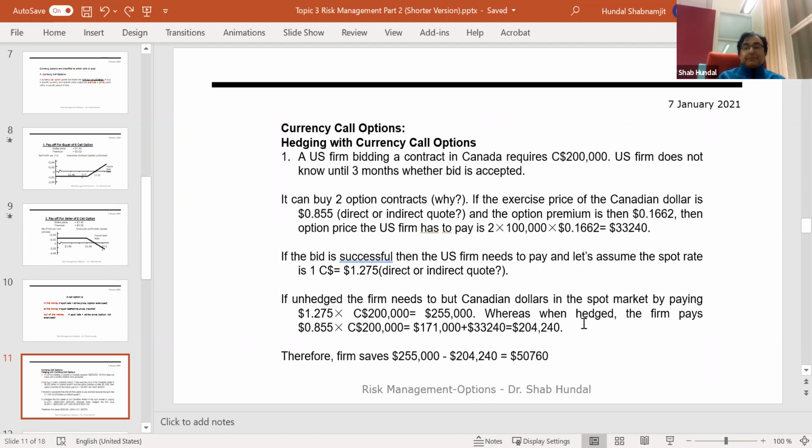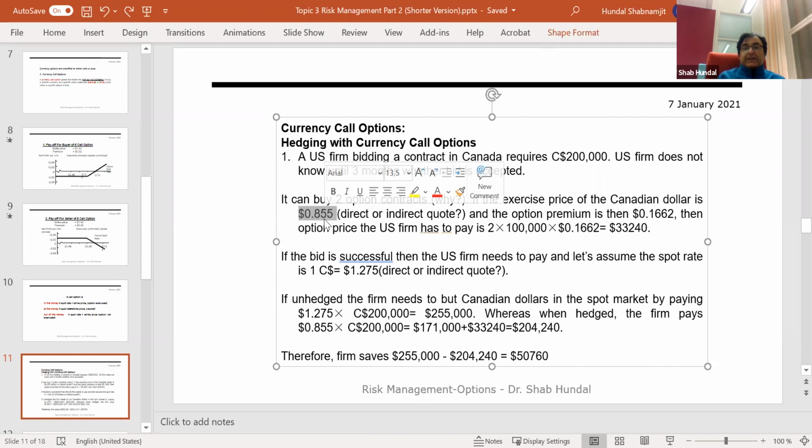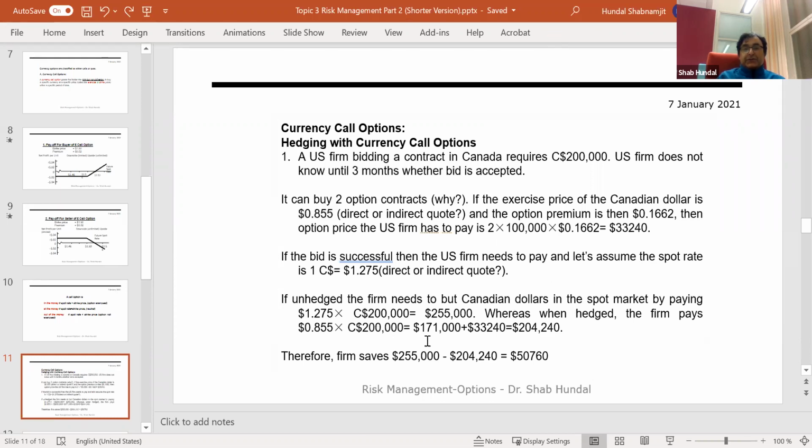Okay, when you buy this 200,000 Canadian dollars via options, how much money do you give? You give the exercise price. So you multiply 0.855 American dollar with 200,000 Canadian dollars. That makes it 171,000 American dollars, plus you pay the premium.